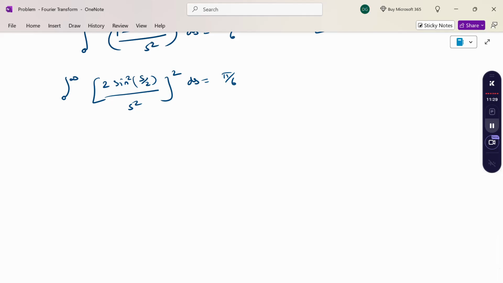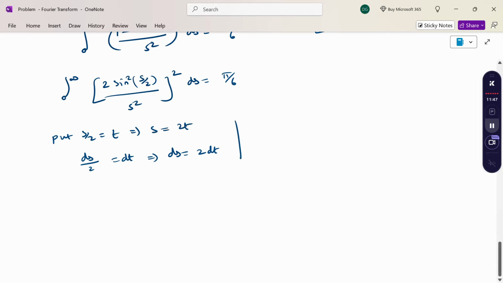Now put s by 2 equal to t. Differentiating with respect to s, ds by 2 equals dt, so ds equals 2 dt. Here s equals 2t.